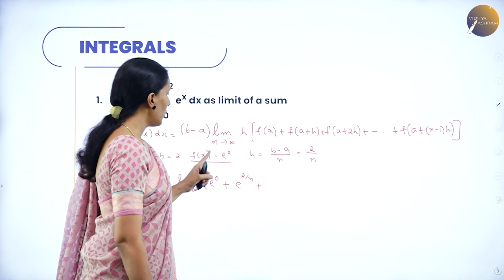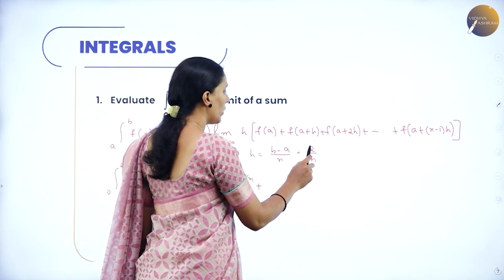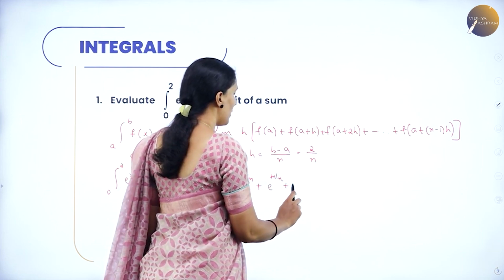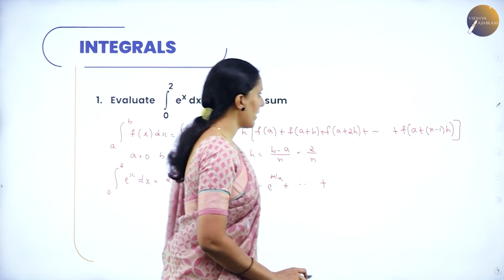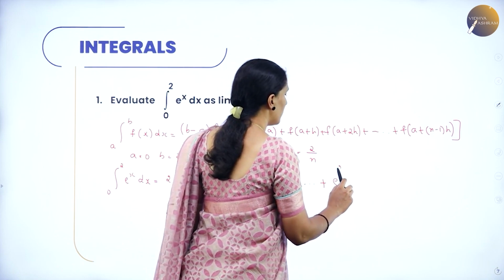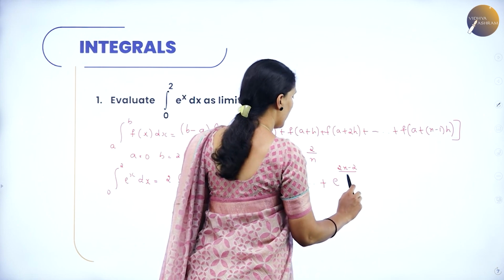So therefore if you write this as e power x, 2h is nothing but 2 into 2 by n, which becomes 4 by n. And it goes on where it becomes n minus 1 times h. So therefore the last term becomes e power 2n minus 2 divided by n.